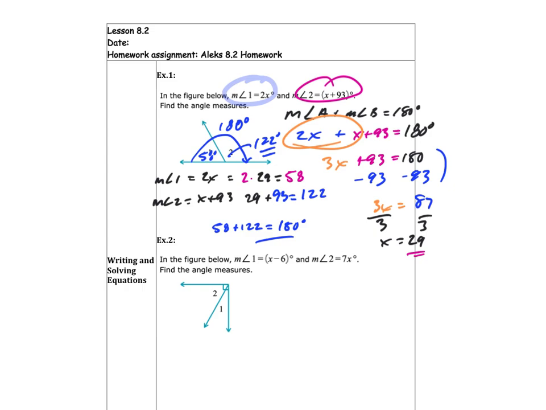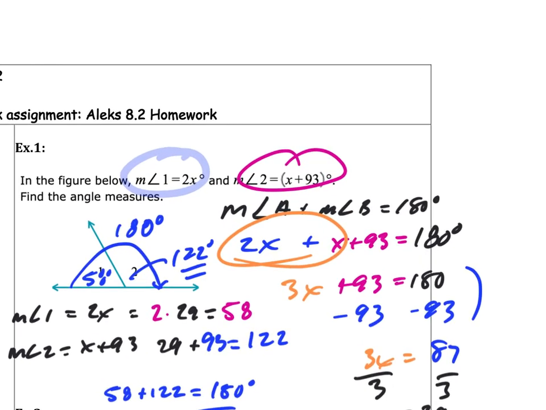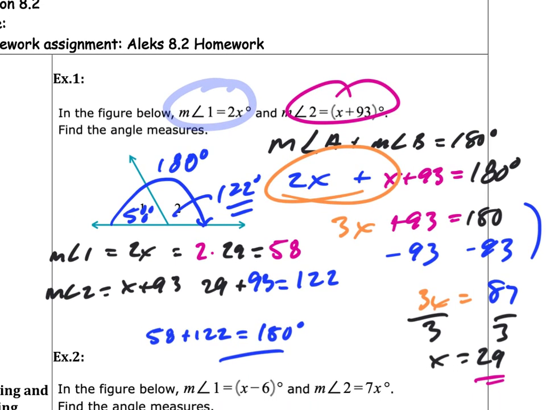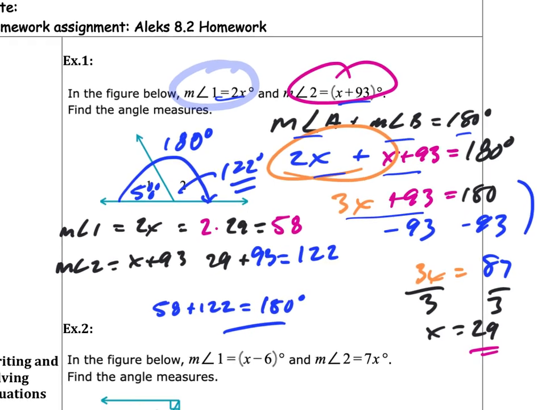Okay, and all we've done is start with what we understood. We see that it makes a straight edge. That means it's 180 degrees, makes a straight line. So because it makes a straight line, these two angles add up to 180. We plugged in the values they gave us, the algebraic values. Then we use what we did in second term to solve.